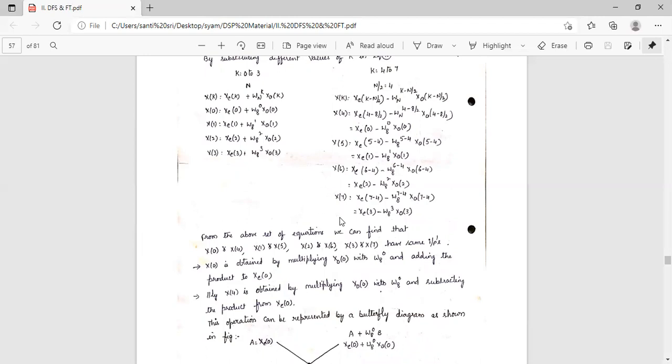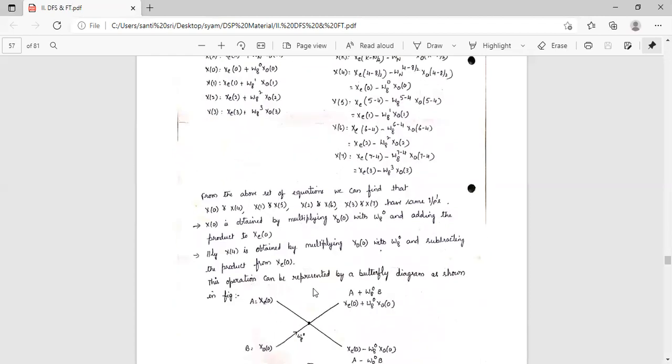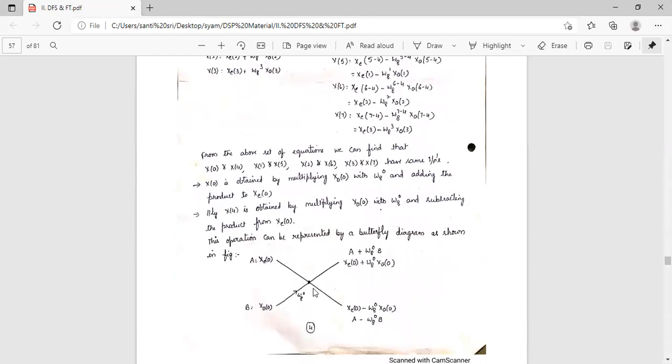Okay, this operation can be represented by a butterfly diagram. This is called butterfly diagram. Okay, butterfly diagram like this. So this is xe of 0, that is a, and b is xo of 0. Here the output is a plus w8 power 0 into b. Here the output is a minus w8 power 0 into b.